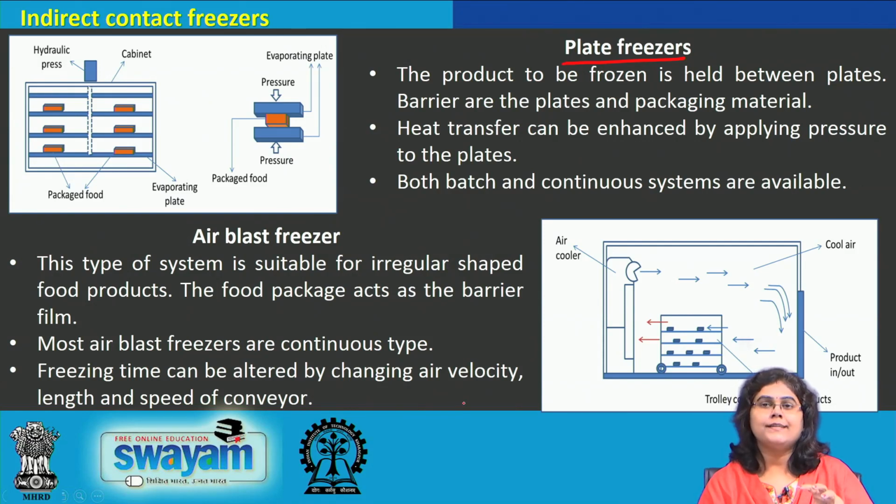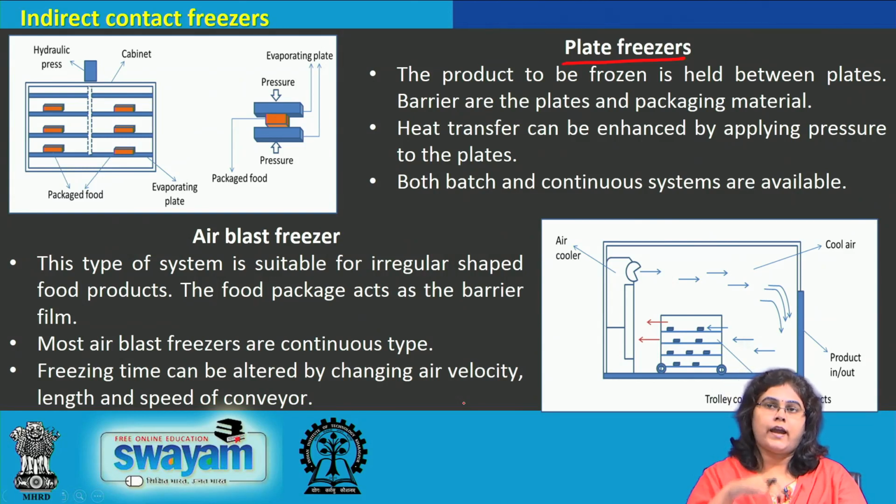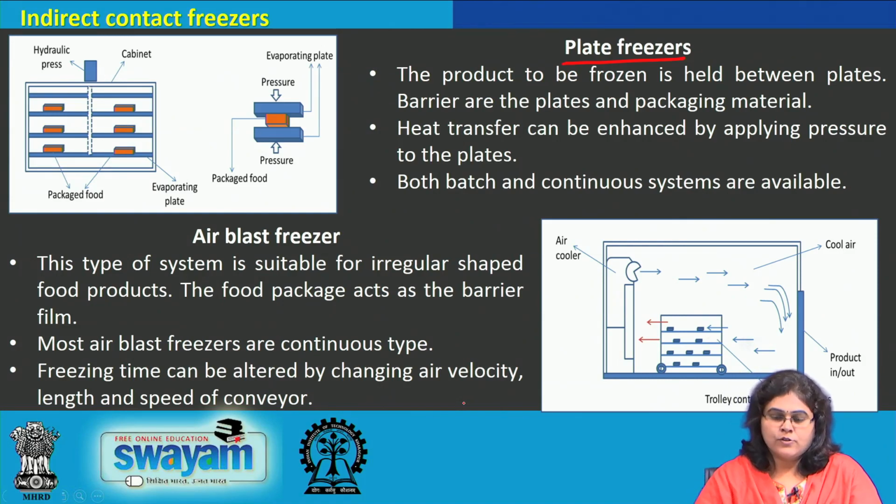The package should be in the form of a parallelepiped or a rectangular shape, so that uniform pressure can be given from both sides. We have two parallel plates, in between which a food package is kept and uniform pressure is provided so as to freeze the food material. Here, heat transfer can be enhanced by applying pressure to the plates. Both batch and continuous systems are available.